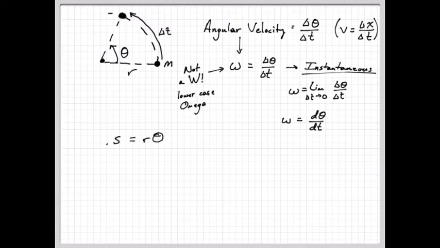Okay, so let's look at our conversion for the arc length, because this gets us an interesting idea in terms of how to convert between linear and rotational. So consider arc length again. Arc length s was the radius times our angular position. Well, say I take a derivative of both sides.